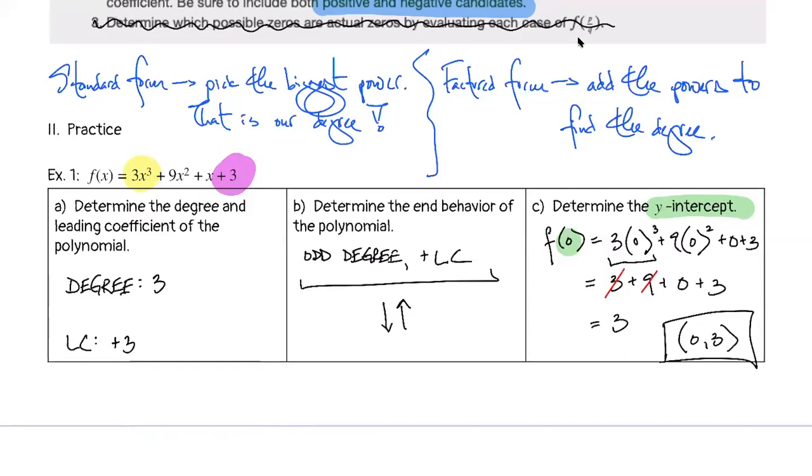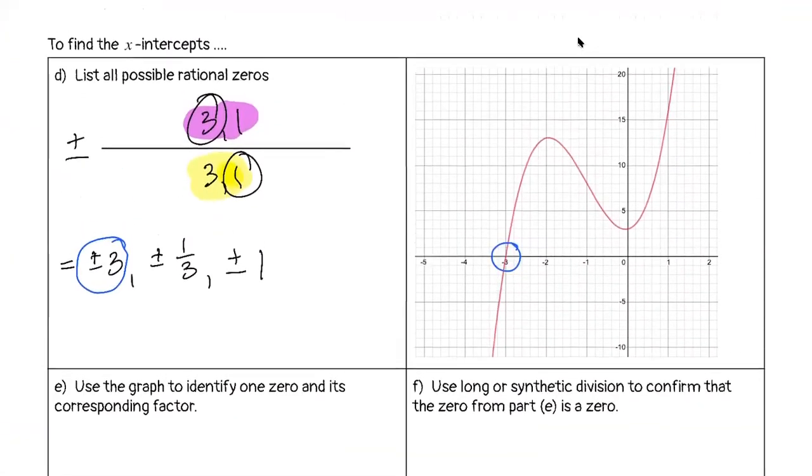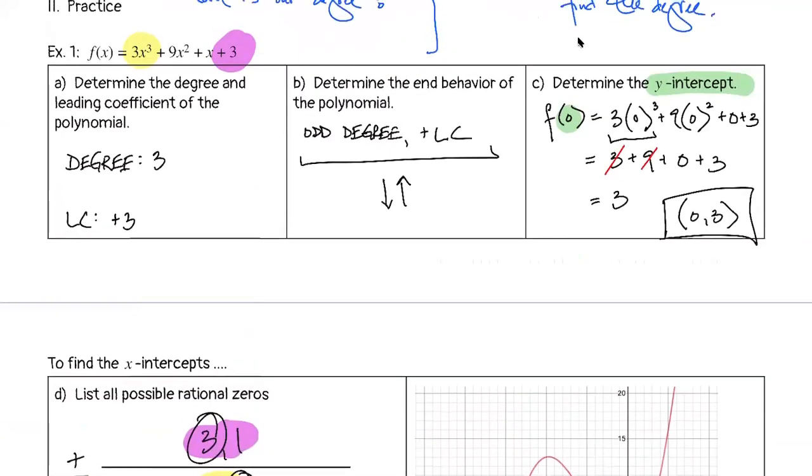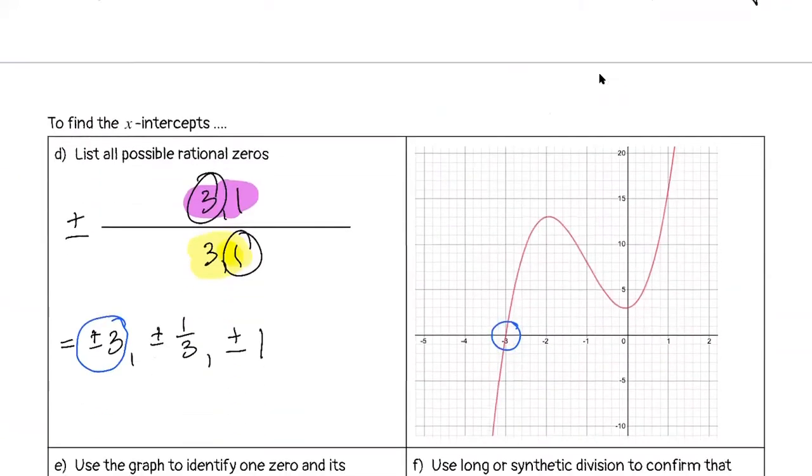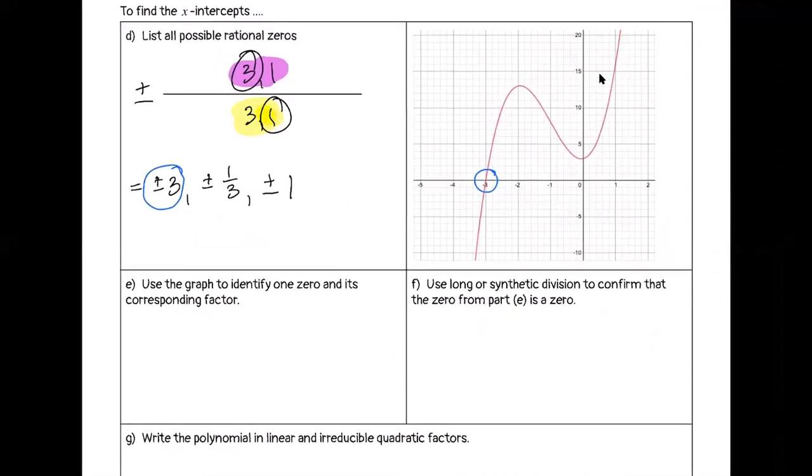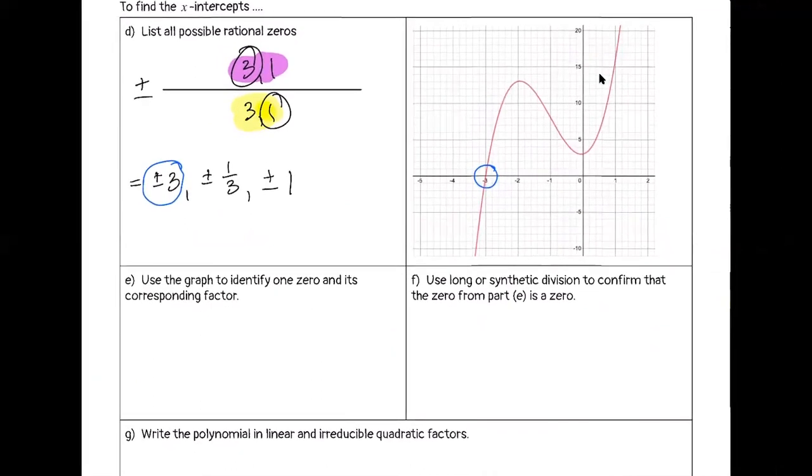Okay, cool. So now we know from this one, example 1, that it's in standard form. So we pick the highest one, so we know it's third degree. According to our graph here, we have -3 as the only real 0.